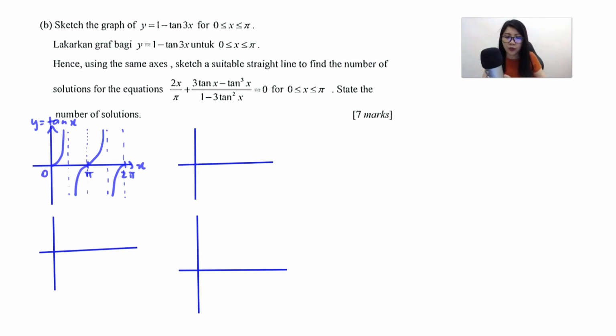So what if it's tangent 3x? Tangent 3x means there will be 3 cycles between 0 and 2 pi. 2 pi is 360, so dividing by 3, one cycle is 120. Let me draw this.